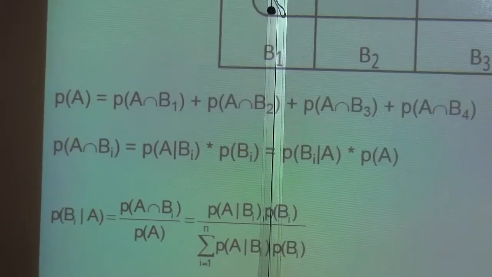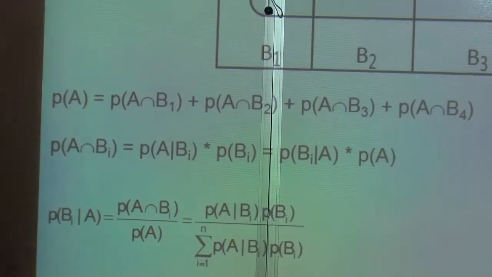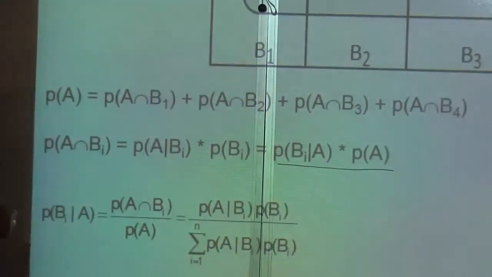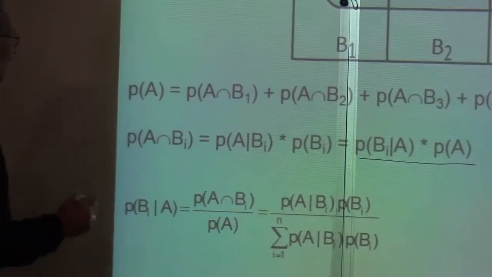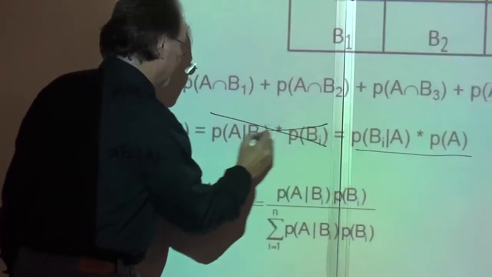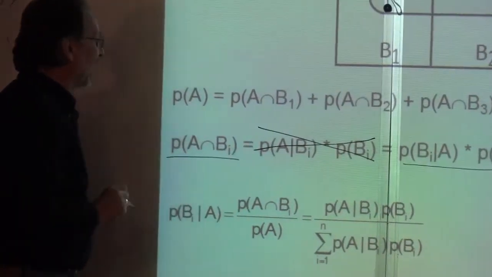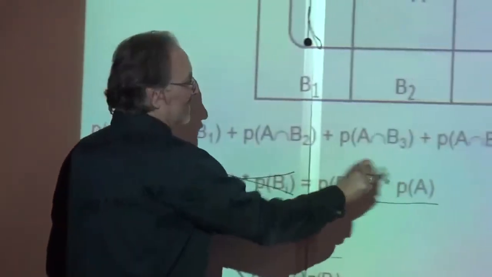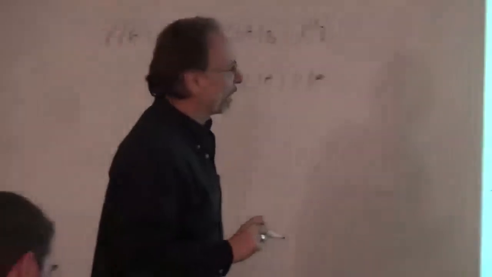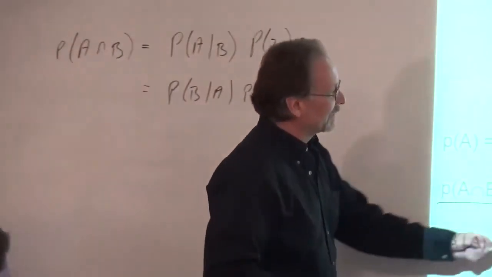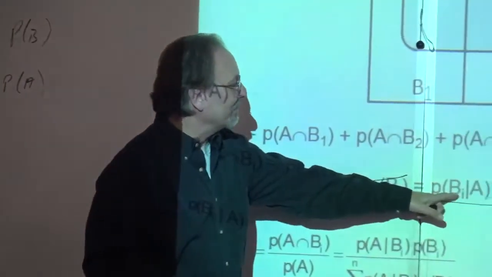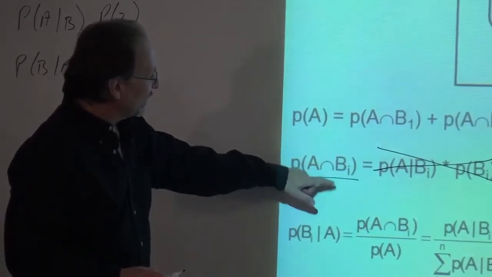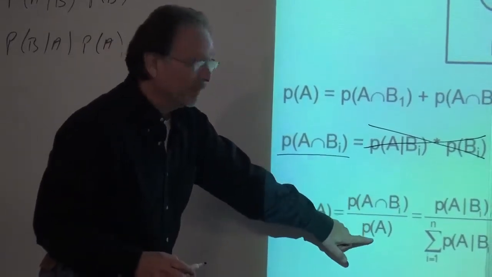What we can do then is, let's just use this part of the result right here. Forget about this one for the time being. So let's say probability of A intersect B sub I equals the probability of B sub I given A times the probability of A. Rearrange it so that I isolate the probability of B sub I given A, and I have A intersect B sub I in the numerator and the probability of A in the denominator.